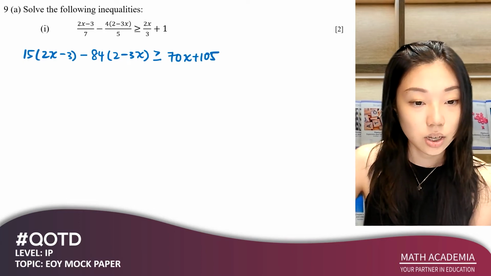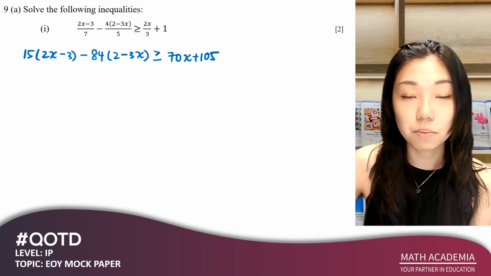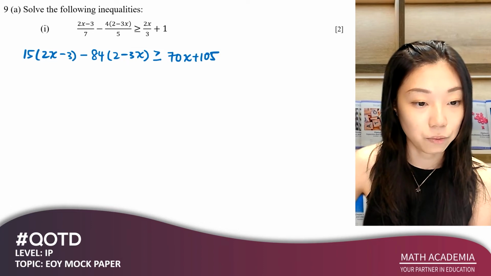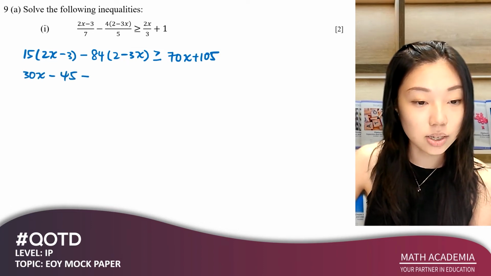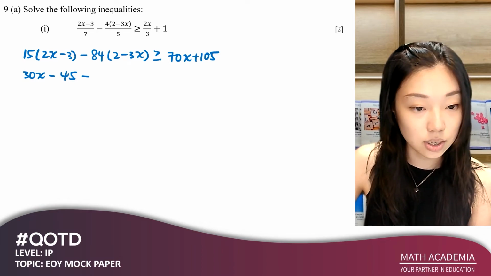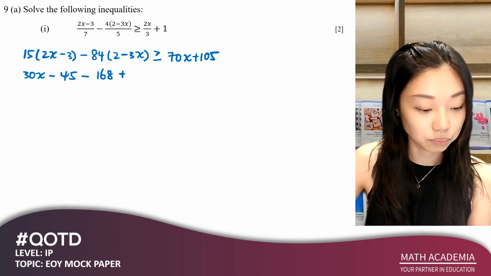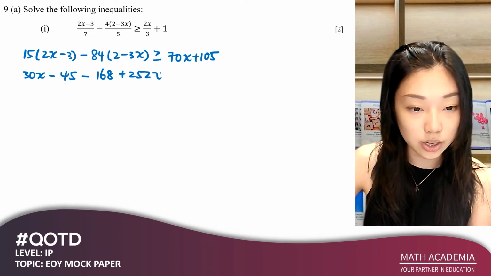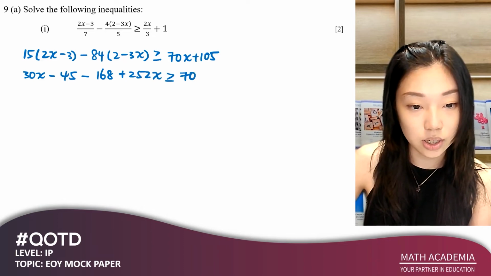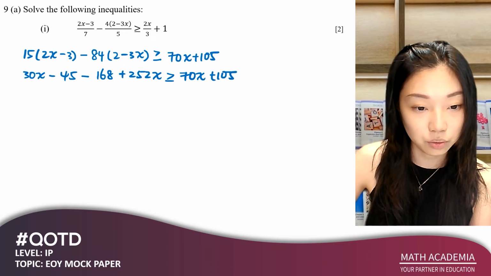So from here, let's simplify the expression. I will have 30x minus 45 minus 168 plus 252x is more than or equal to 70x plus 105.